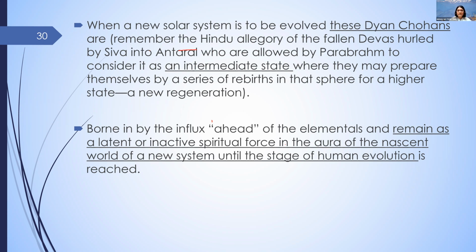Whenever a new solar system is being formed, the seven kingdoms, as we have seen, first the elemental kingdoms will evolve, and then mineral, plant, animal, etc. But these Dhyan Chohans exist in the aura of that solar system even before the elemental kingdom, ahead of the elementals, and they remain there as the latent spiritual force.